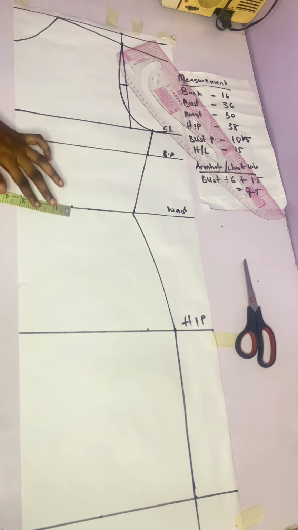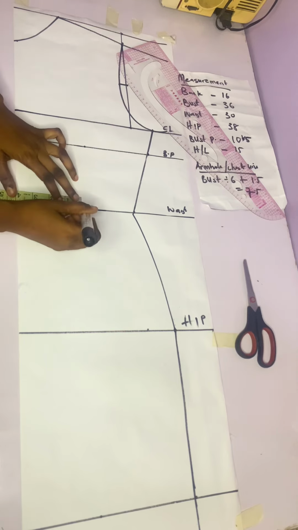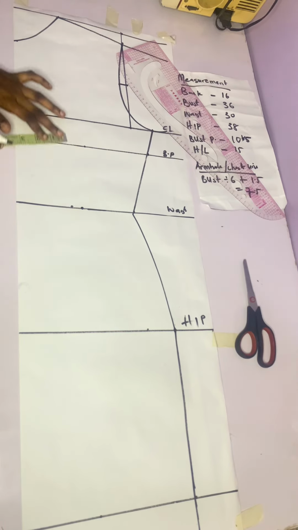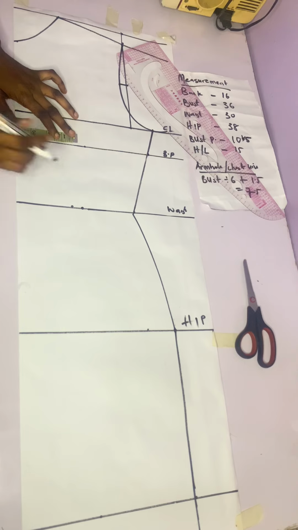So I'm just going to mark my dart 4 inches from the waist, connect it to the bust point.